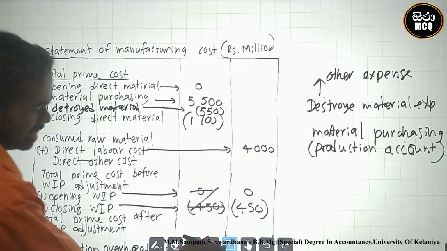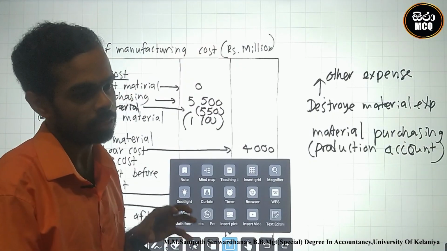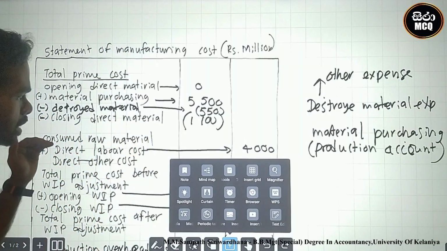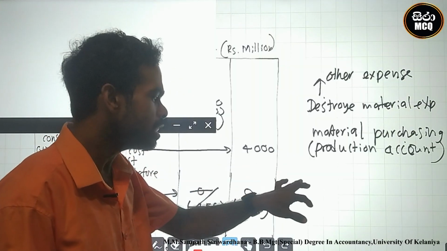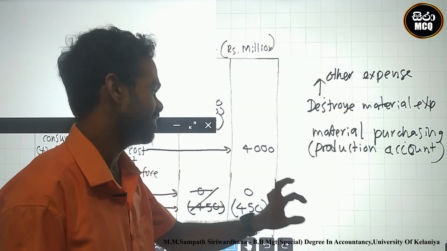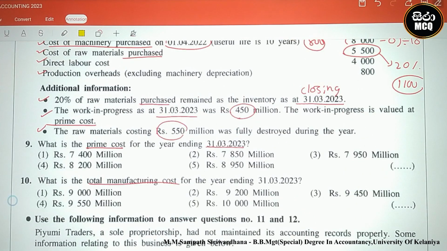Okay, next one. At the production cost preparation, you must deduct these destroyed stocks from the material purchasing, because we do not consume this inventory. Okay, this is the final one. Let's see what the requirement is.